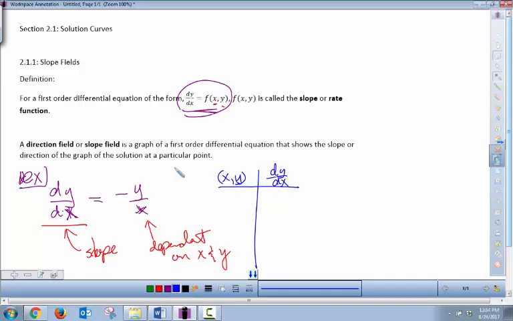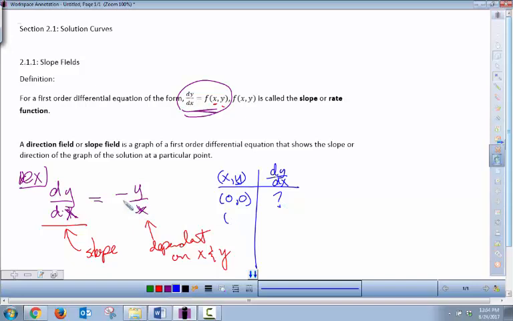Then we can plug in values to figure out what the slope might look like. For example, 0, 0: is it infinity? I'll just put a question mark here, because it's actually indeterminate. It's not infinity, not a vertical slope, but because it's 0 divided by 0, it's one of those indeterminates.